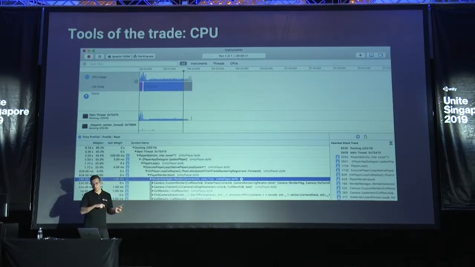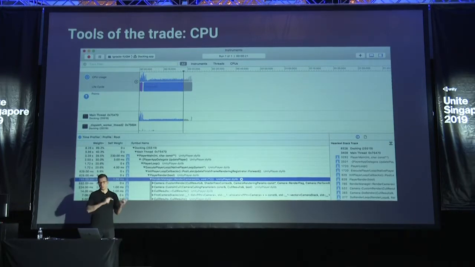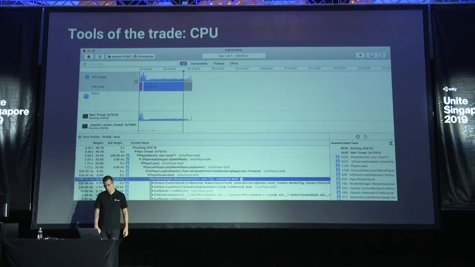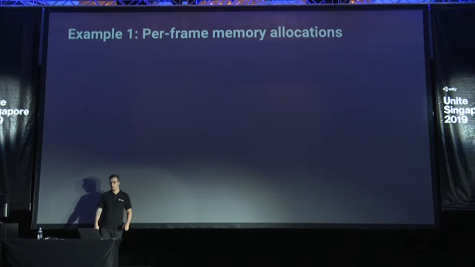The second one I want to mention today is Xcode Instruments, because many of the projects that I'm going to talk about are targeting the iOS platform. So on iOS, we want to use Xcode Instruments, which is great. So let's see some real-life examples. Example number one.